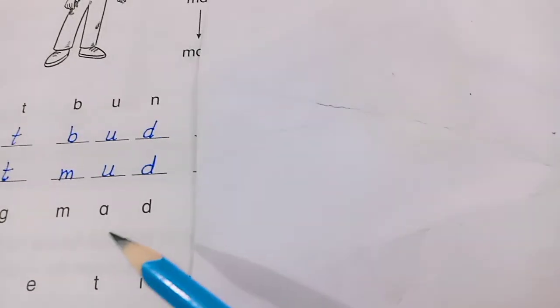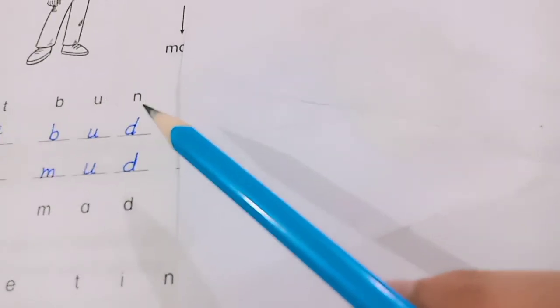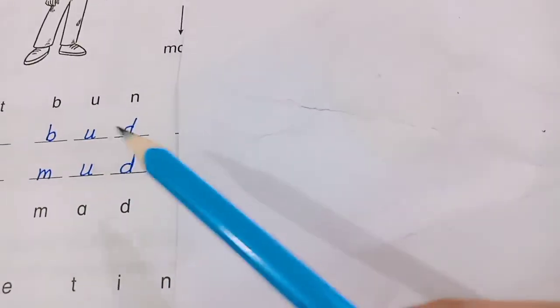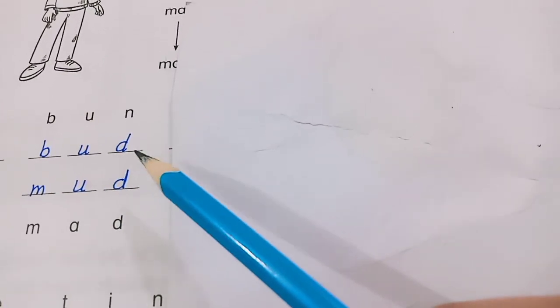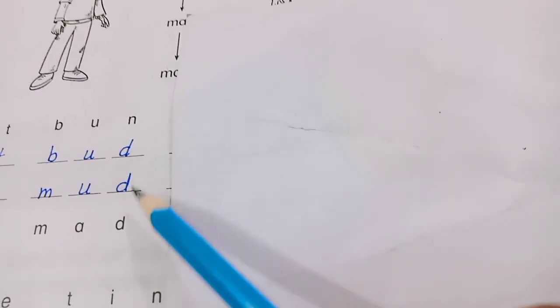Now look at the next puzzle. We have to change bun into mad. BUN. So look here students, first of all we will change the last letter, BUD, bud.